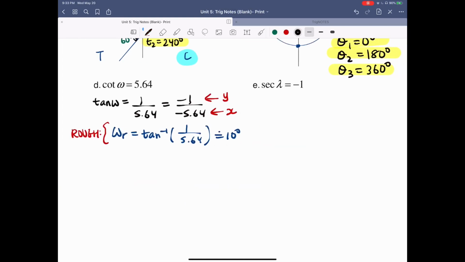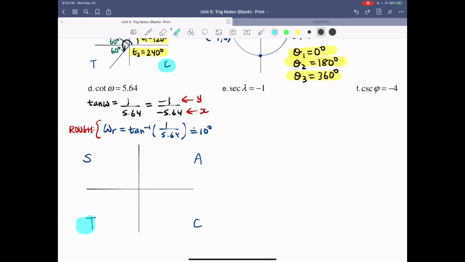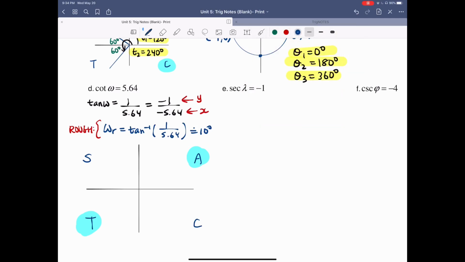I need to keep going and draw my x and y axis. Tan is positive. My original had that my x value is positive and my y value is negative, or my x value is negative and my y value is positive. But overall, my tan is positive, and that suggests a positive slope. So I need to draw my terminal arms here and here, where my related acute angle is 10 degrees.